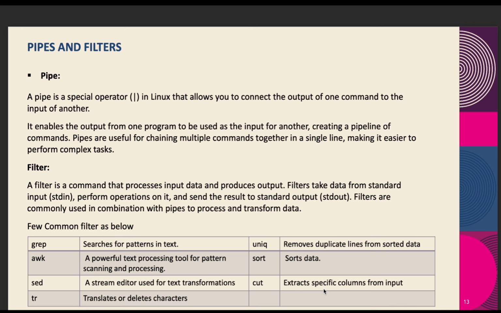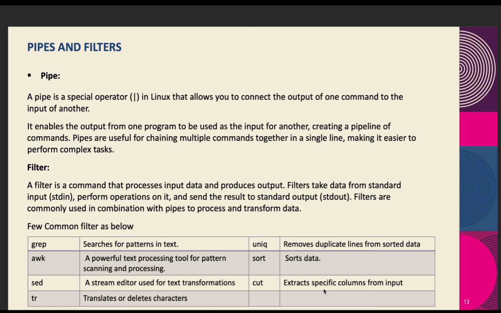So the next is sort. As the name suggests, it will sort the input data based on certain criteria. You need to put a parameter after sort, and based on that parameter, it will sort the data and provide the output. The last is cut. This will extract specific columns from input.